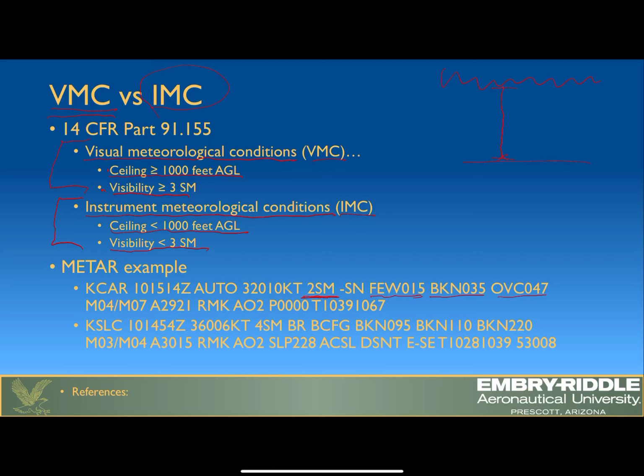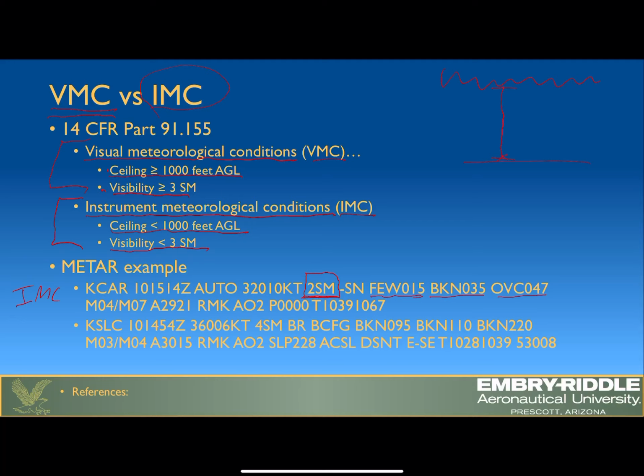Now, we have a couple bits of information to work with, but because our visibility is under 3 statute miles, this first one is automatically IMC, because it only takes one condition to put us into IMC. So in this case, it's 2 statute miles.